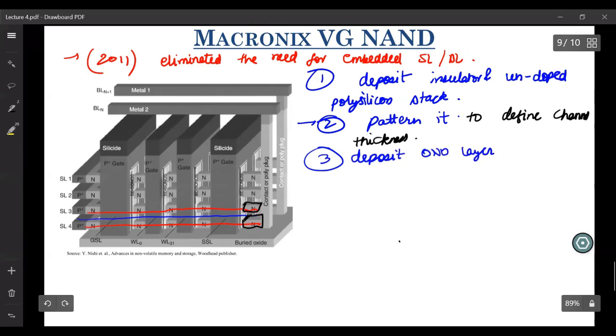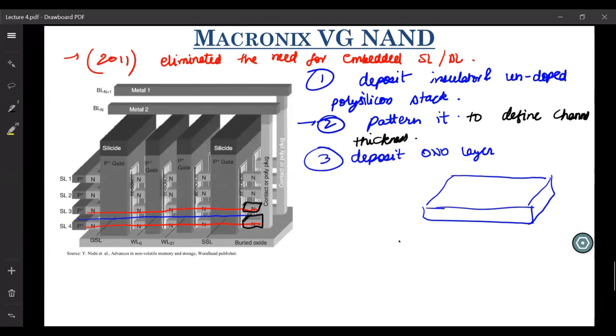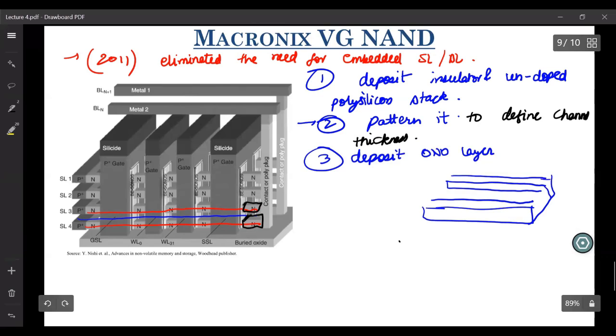So in the first case, they first deposited an entire plate of this polysilicon. Then in the second step, they isolated it into several small channel plates like this. So let me just remove this. In the second step, they defined something like this.